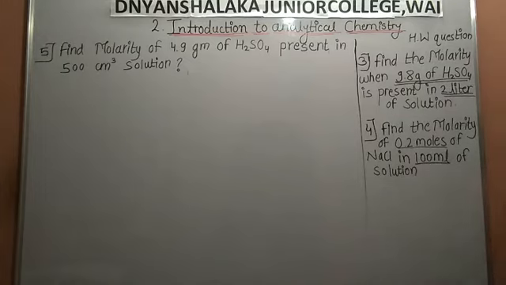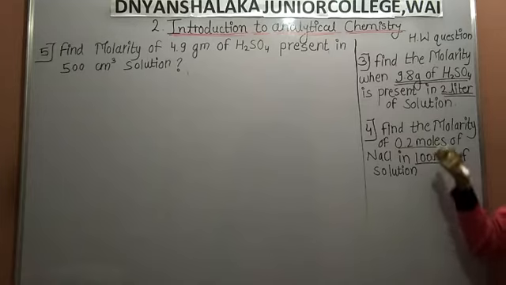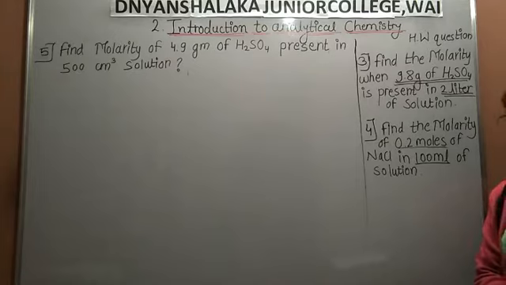Directly using the second formula, molarity equals the number of moles of solute, 0.2 moles, upon volume of solution in milliliters multiplied by 1000. So putting in the values, 0.2 upon 100 into 1000, we get the molarity of the solution. This is also your homework question. Solve these two questions and send them. If you have any query, ask me.